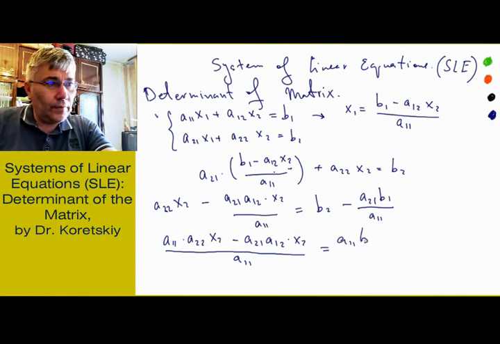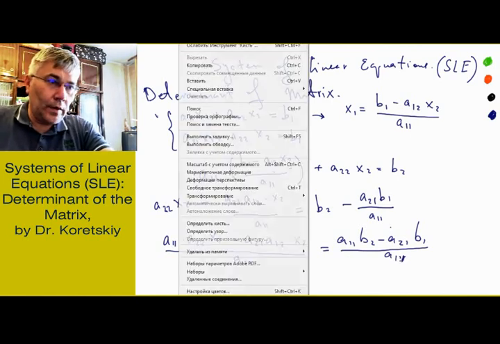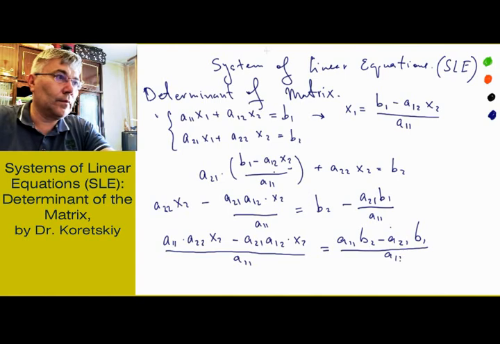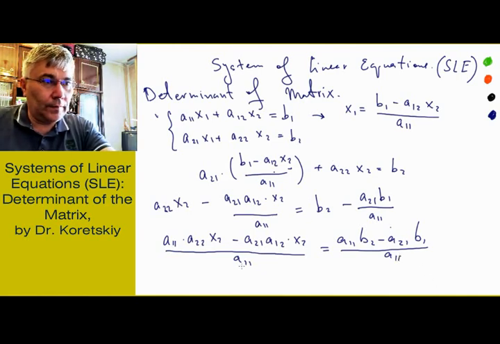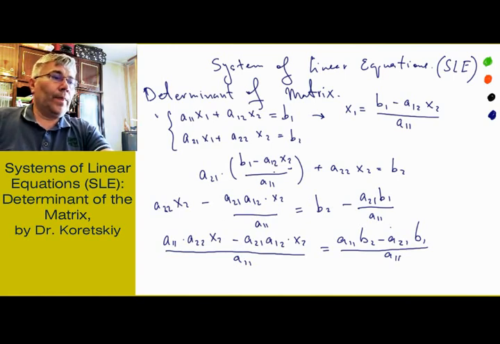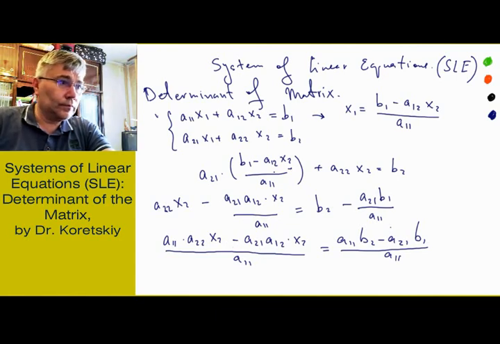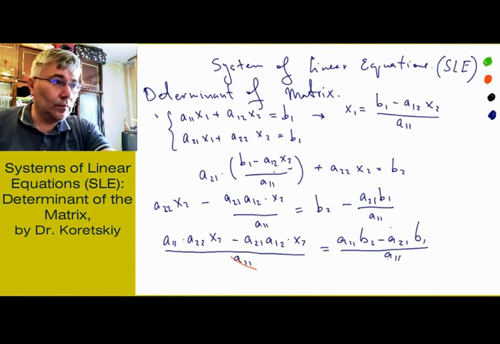On the right side I have a11 b2 minus a21 b1 over a11. I can cancel a11, and I can express x2 through other numbers.